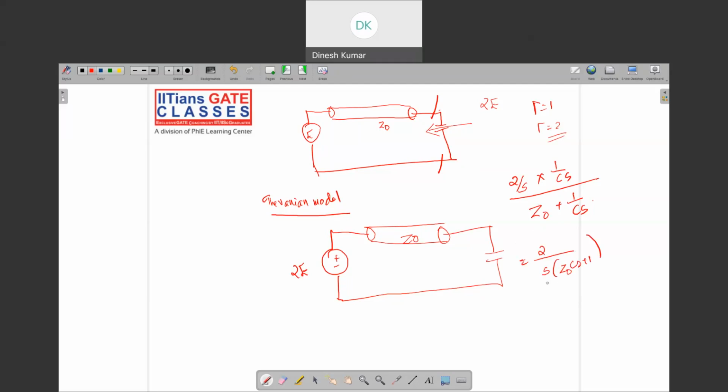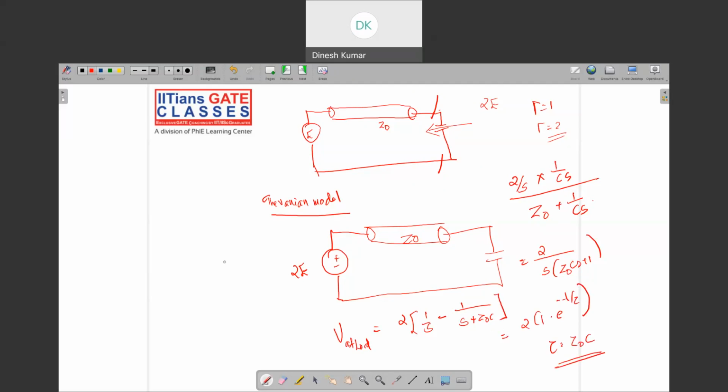Now if you take the partial fraction, V at the load will be 2 into (1 by S minus 1 by (S plus 1 by Z0 C)). That is 2 into (1 minus e power minus t by tau), where tau equals Z0 into C. So at t equal to infinity, it will reach 2.